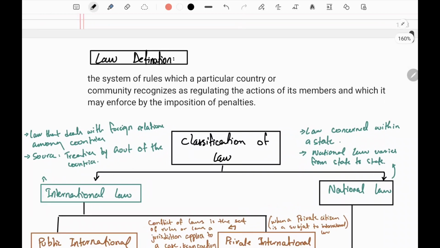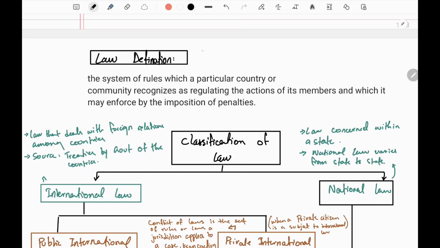Right, so after familiarizing ourselves with the layout of English legal system, we should know a few things before starting our chapters. That is the definition of law and the classification of law. For the definition of law, it is the system of rules which a particular country or community recognizes as regulating the actions of its members and which it may enforce by the imposition of penalties, right?